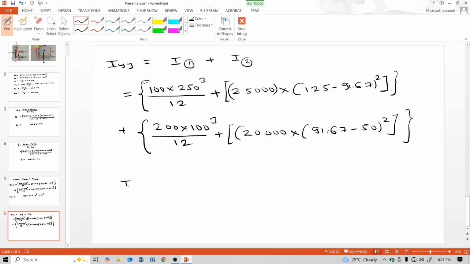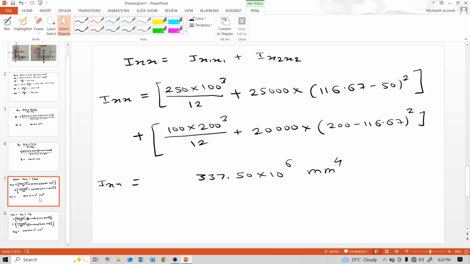This is Iyy: 100 into 250 cubed by 12 plus 25,000 into (125 minus 91.67) squared plus 200 into 100 cubed by 12 plus 20,000 into (91.67 minus 50) squared, which is 209.37 into 10 raised to 6 mm raised to 4.